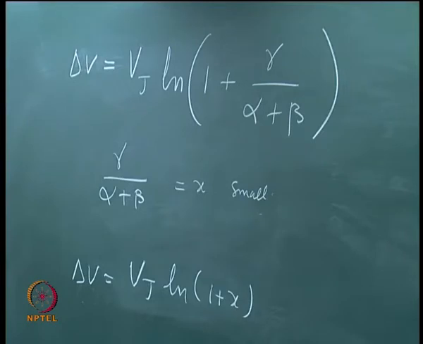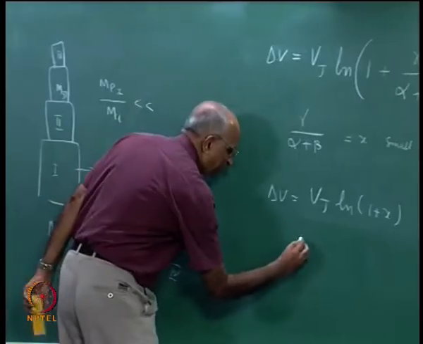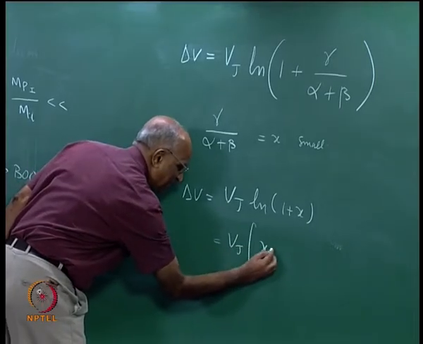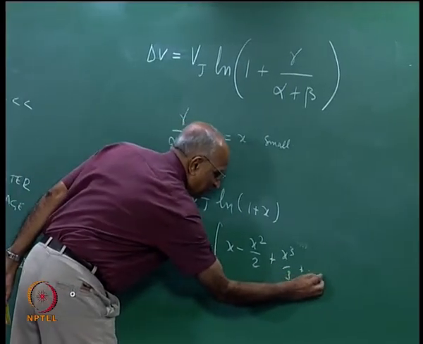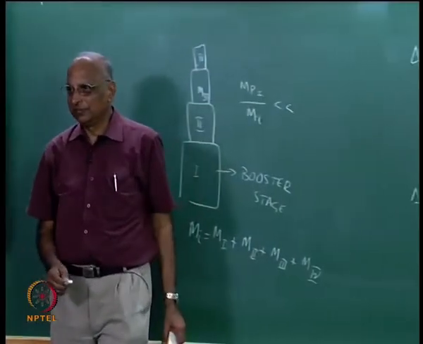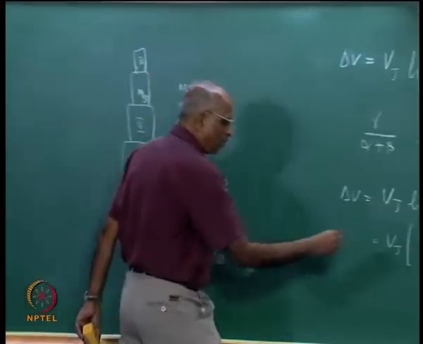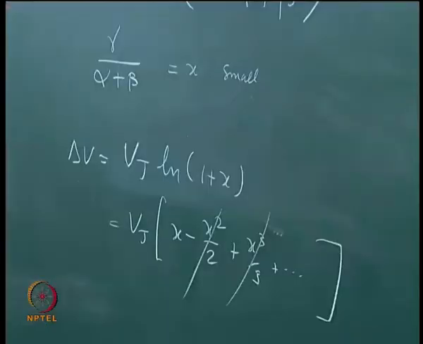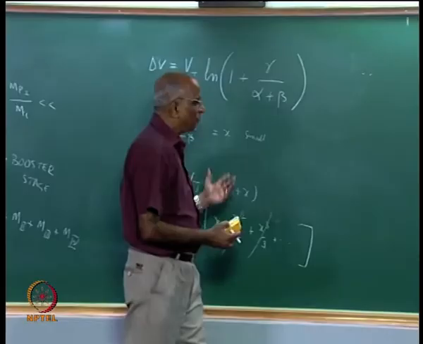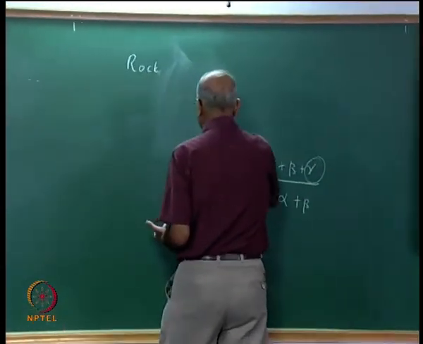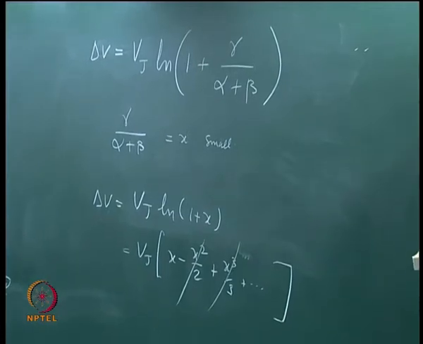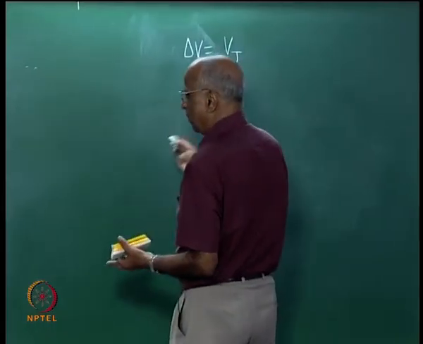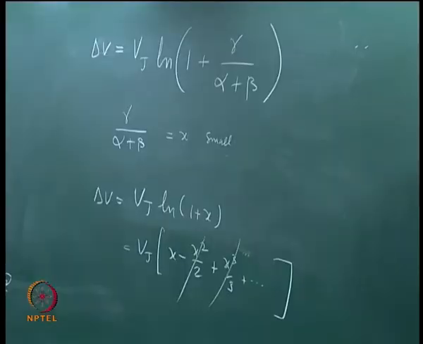And what is ln of 1 plus x? X minus x squared by 2 plus x cubed by 3, but x is a small number, therefore, I can as well forget about square, cube and so on, and now I get the delta V for a rocket like a booster rocket or the bottle rocket which we used for Deepavali time is something like delta V is equal to Vj into, I plug back the value of the number gamma over alpha plus beta.